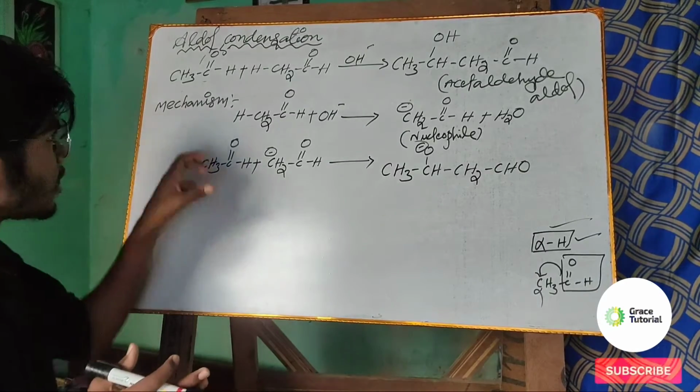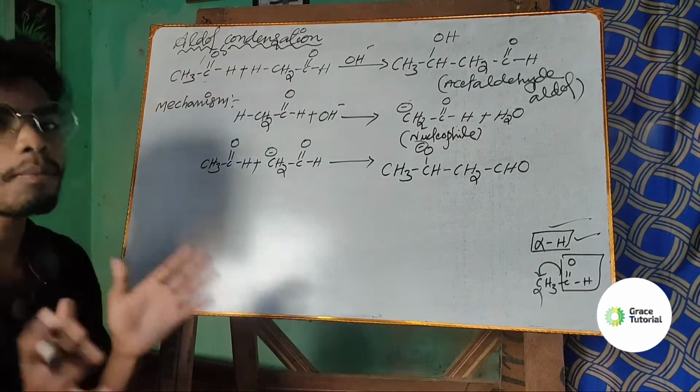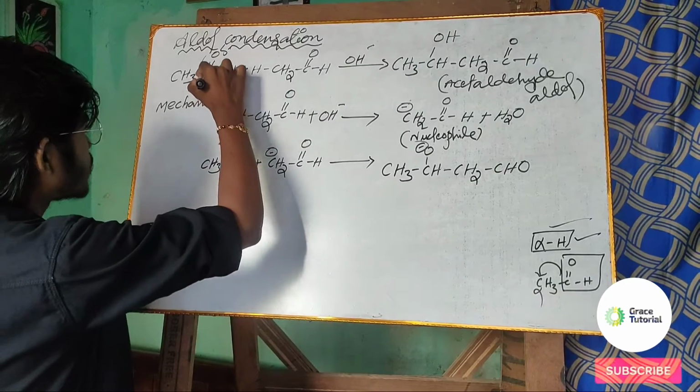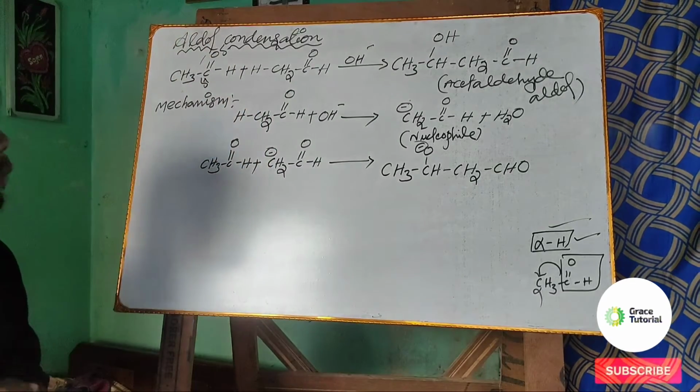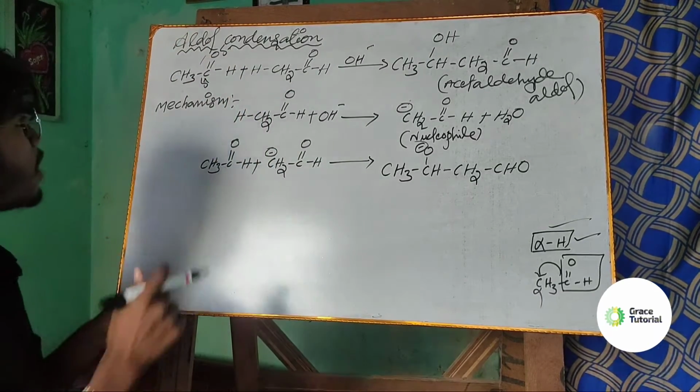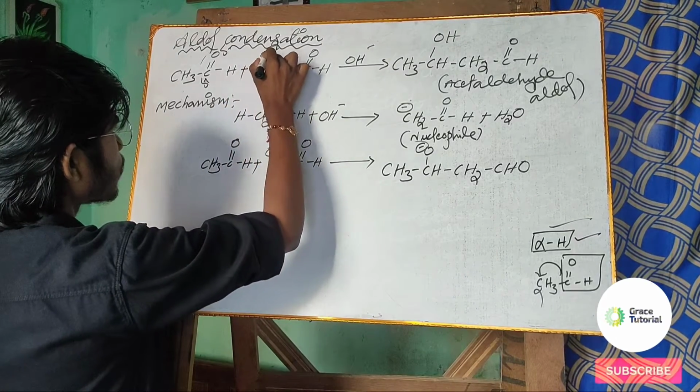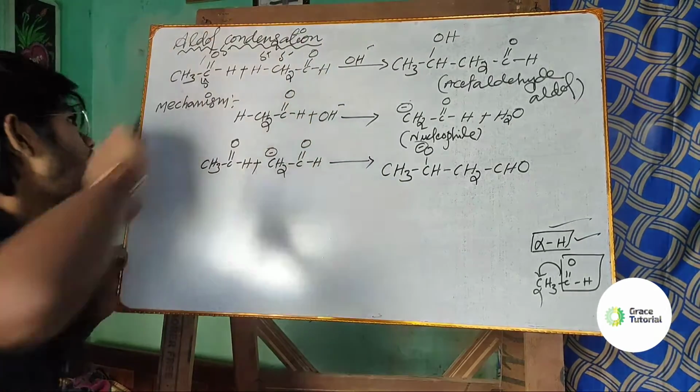As a result, a slightly negative charge is formed on oxygen. Similarly, a slight positive charge is formed on the carbon.